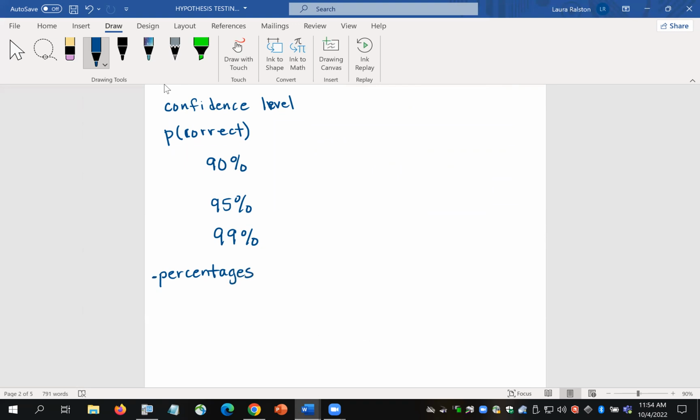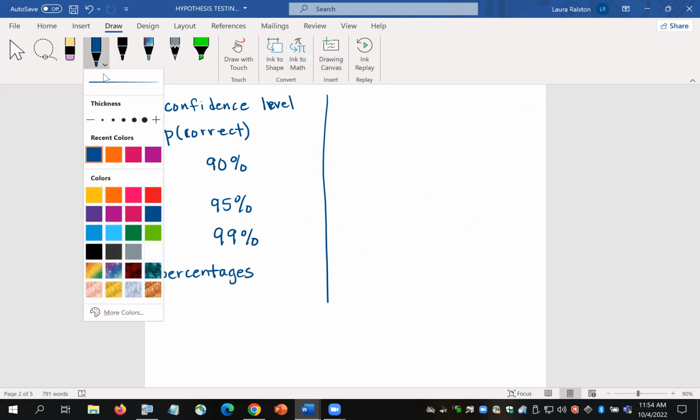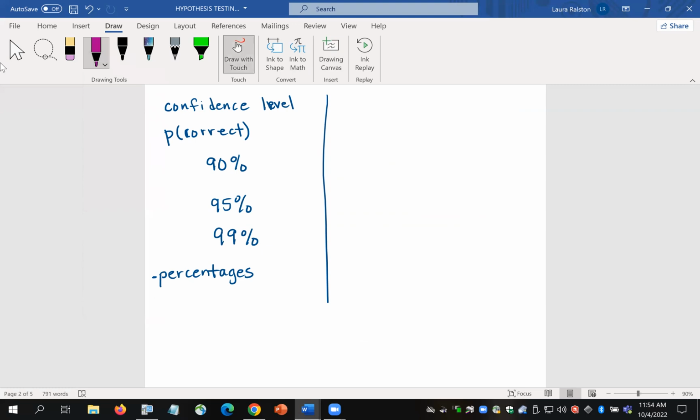So we've talked about confidence levels, and again, that's how confident you are in your solution. It's the probability that you are correct. Well, if there is a probability that we're correct, there also has to be the probability that I'm incorrect or that I'm wrong.